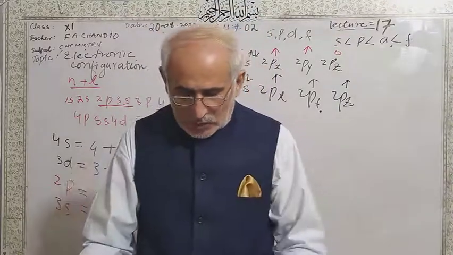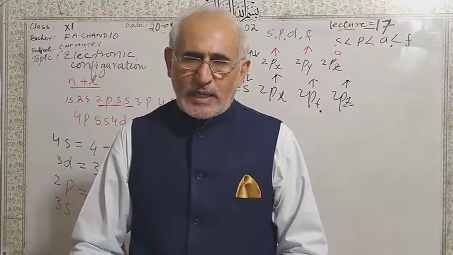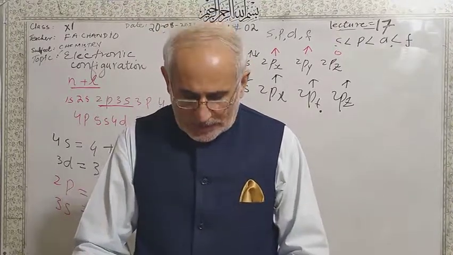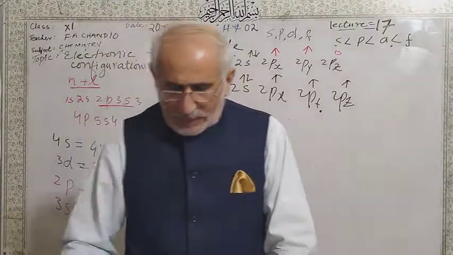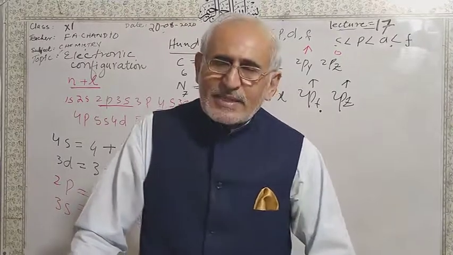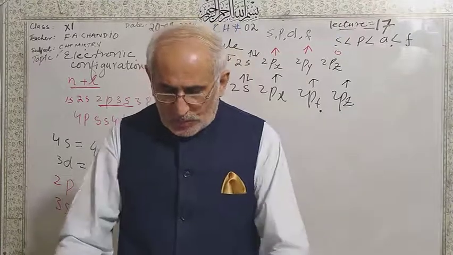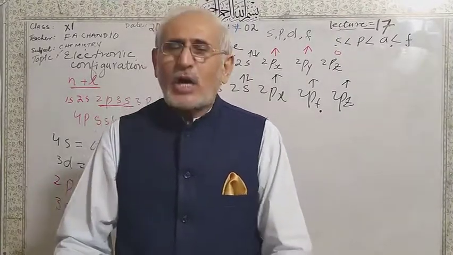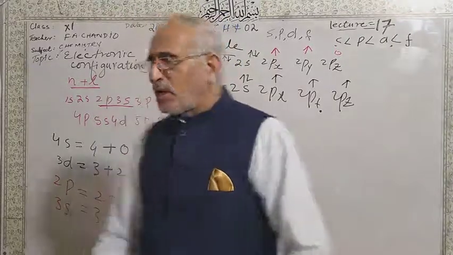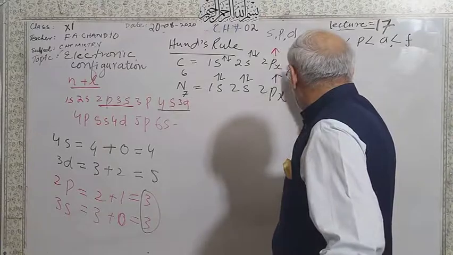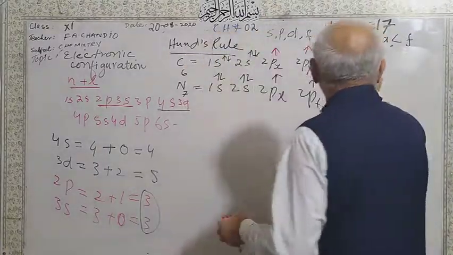So again I am telling you that if you have degenerate orbitals and we want to introduce more than 1 electron in them, then they should be placed in separate orbitals with the same spin rather than putting them in the same orbital with opposite spin. It means the arrangement should be like this, as written in your book.